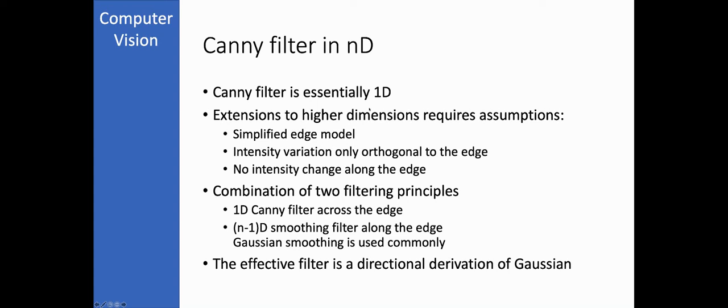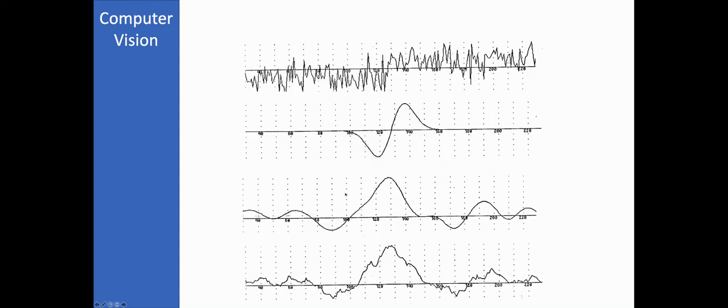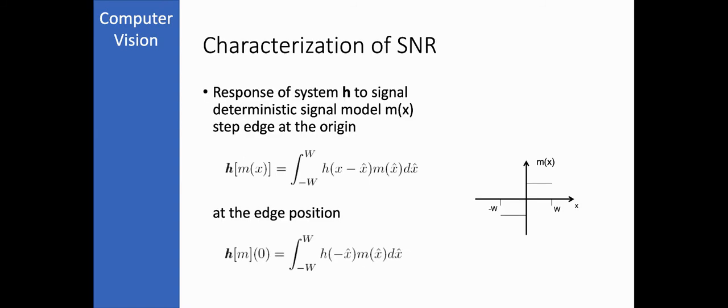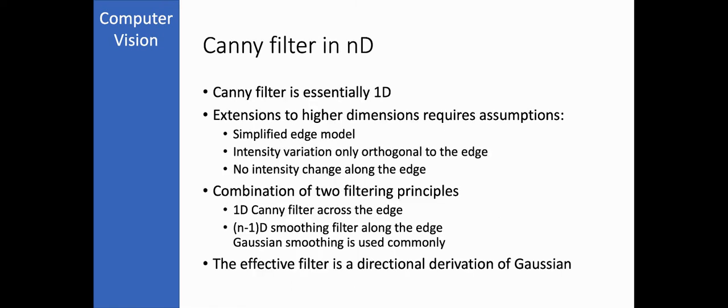First, we had a very simplified edge model. So basically, we had this profile that was going up. We assume that an edge really is given by a very simple profile given here. Now, extending it to higher dimensions means that I will still assume that profile.